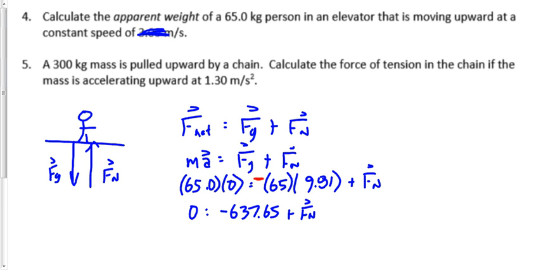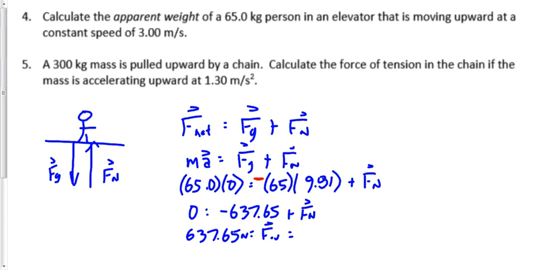And I'm going to take that 637.65 over to the left side. How do I take that over? Adding, right? It's adding a negative number on the right side, so let's take it over by adding a positive number on the left side. Now we're going to round that to how many digits? 65 is 3 digits, right? 9.81 is 3 digits, right?